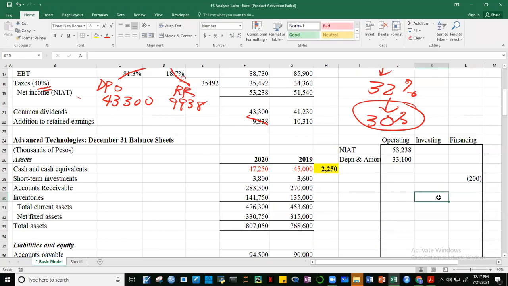Okay? Guys, isasabihin ko sa inyo, ayaw ni Excel ng mali. Anong ibig sabihin nun? Are you confused, guys? Hello, guys. Nung pumapasok ako dito, papakita ko sa inyo, is equal to, I'm trying to go to F28.